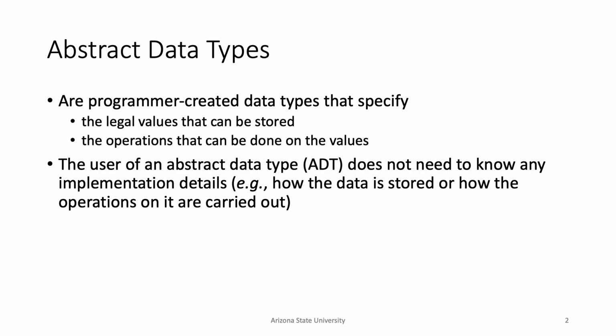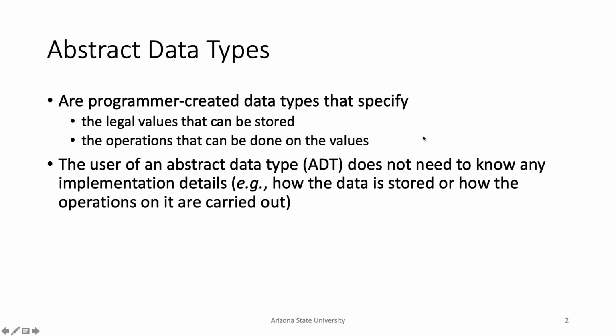Then we can ask what ways we can work with this new type that we're making. An abstract data type is just an abstract way of holding a lot of data and defining what you can do with it.